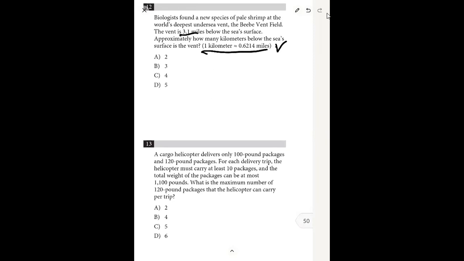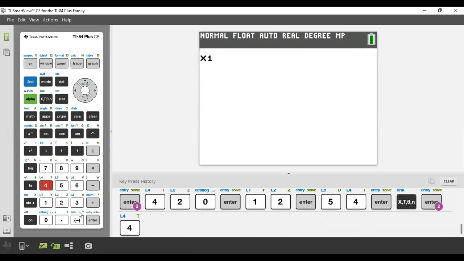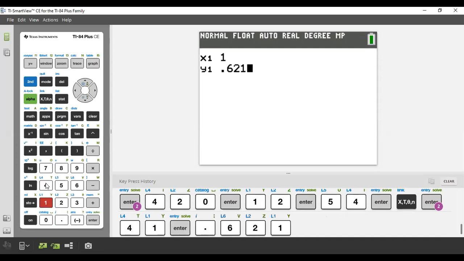So we're going to go back, and we're going to do basically the same thing we just did from the last problem. So it's going to be enter. We're going to choose option 4. So I'm going to say 1 kilometer is equal to 0.6214 miles. So how many kilometers, I'll put an X there, is equal to 3.1 miles?